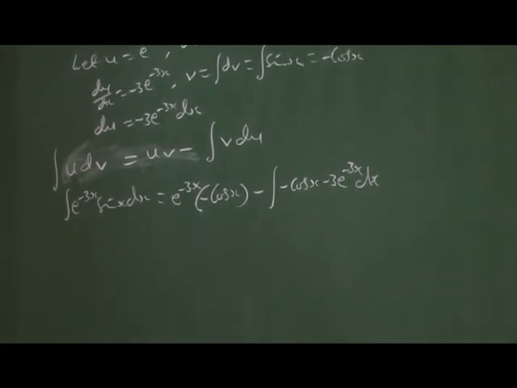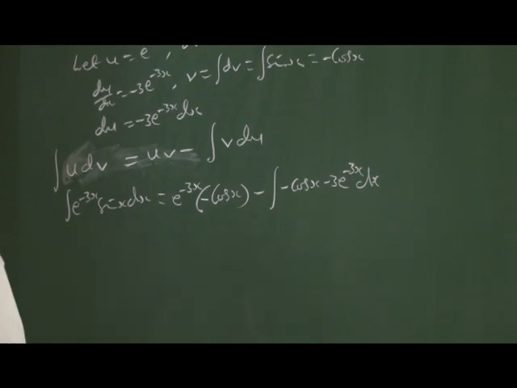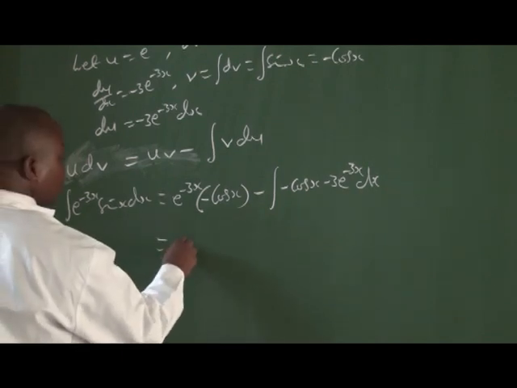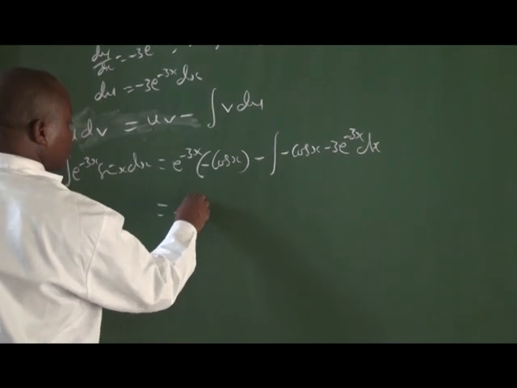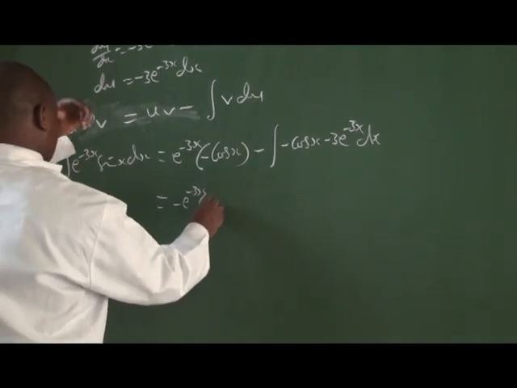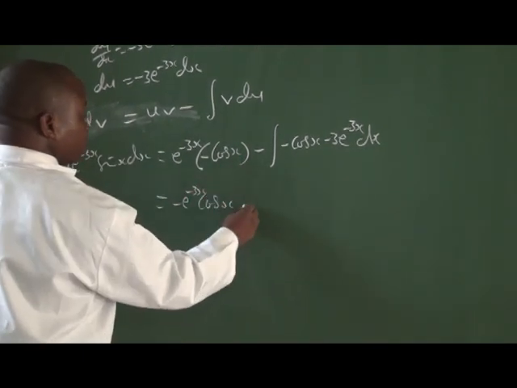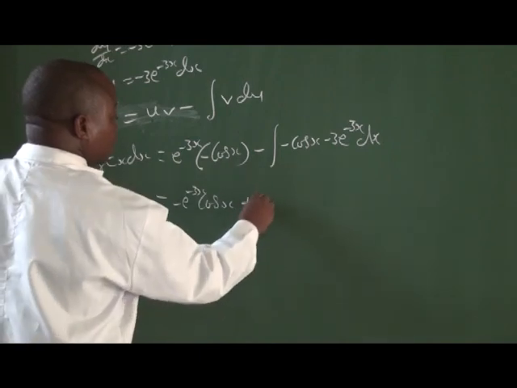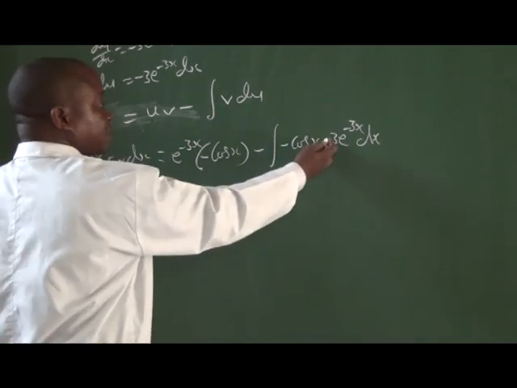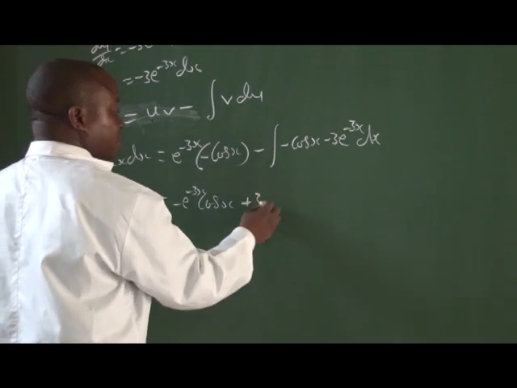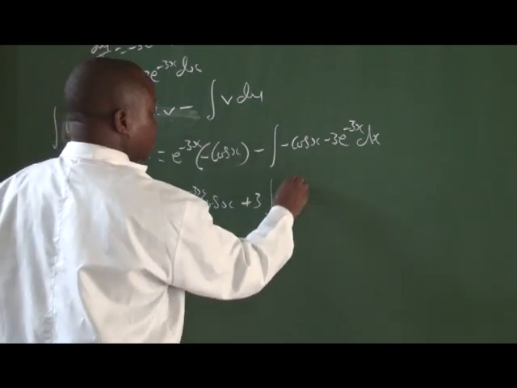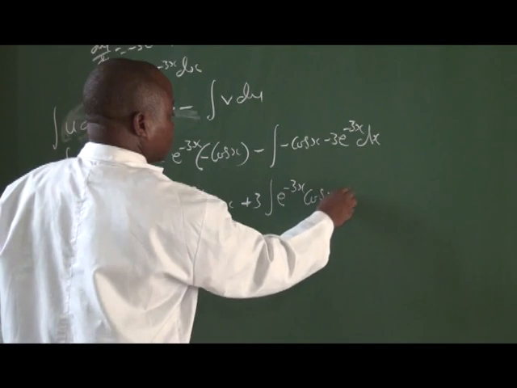Now we can also continue here: minus exponential minus 3x cos x, then this one is plus 3. When you bring this one out, you have plus 3 integral exponential minus 3x cos x dx.